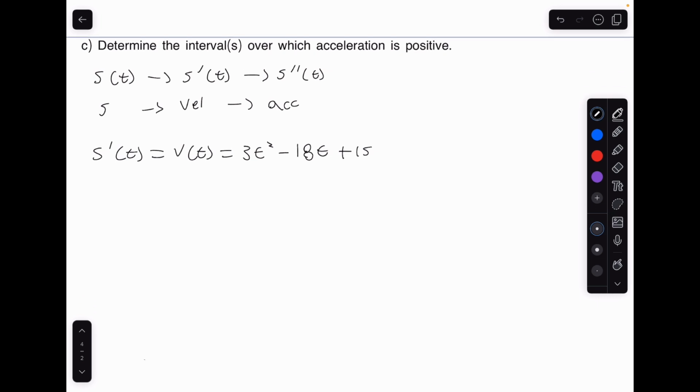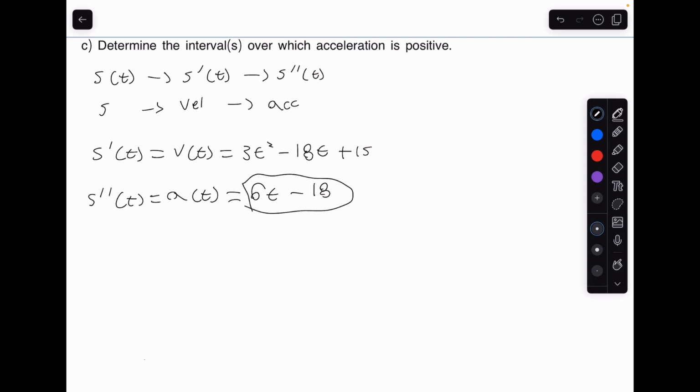Now we need the acceleration, so let's simply take the derivative again. So s double prime of t, which is equal to the acceleration, is just the derivative of the velocity function. So 2 times 3 is 6t right there, and then minus 18, and then that 15 is a constant, so it's 0. Okay, so we found the acceleration.